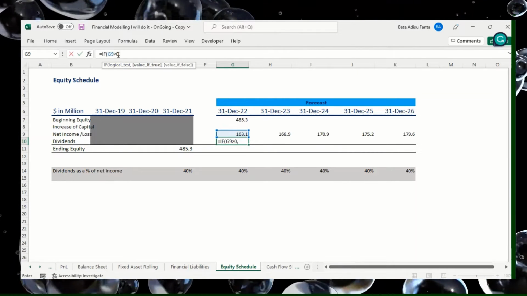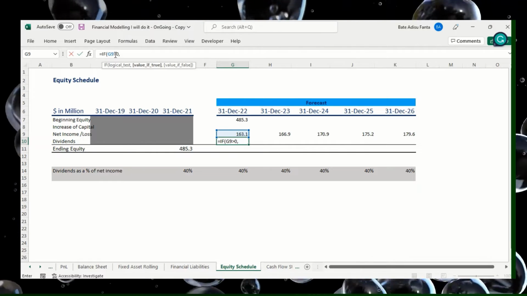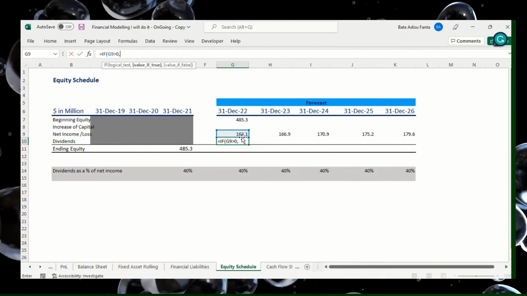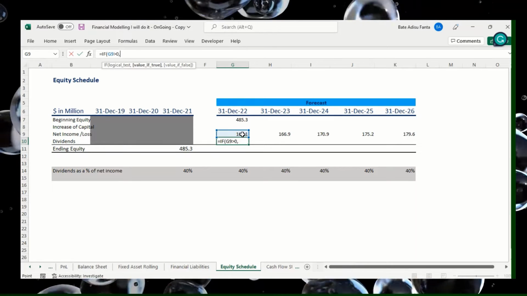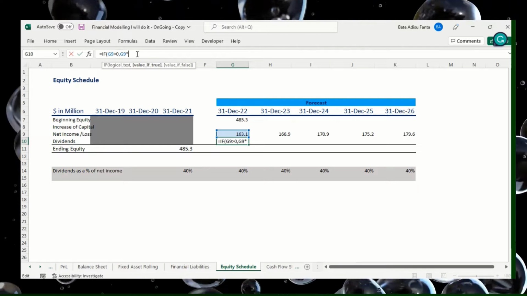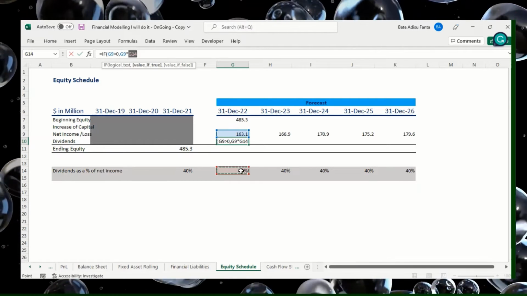So I multiply the net income here by 40%, which is here.